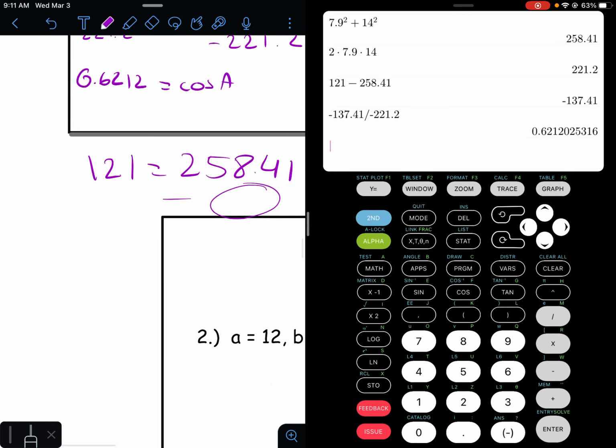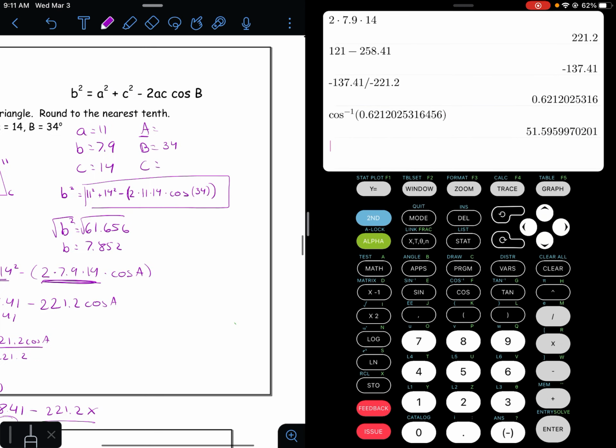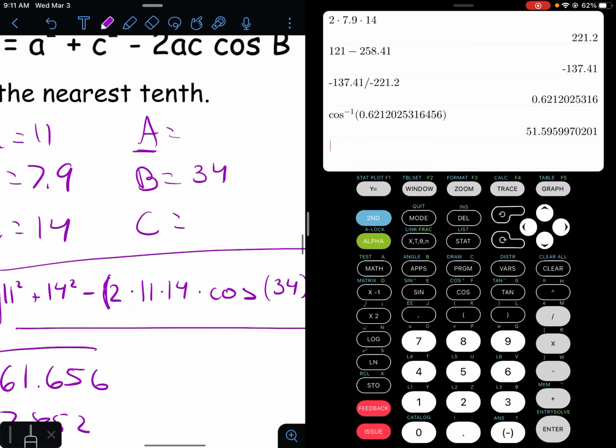Since we're solving for an angle, all you have to do is take the cosine inverse of that. We can just do that on our calculator here. Second cosine, don't forget to use your cosine inverse. And you get 51.59, so we can round that to 51.6. Now, at this point, we've got two angles, so it's a lot easier to solve for our missing angle.